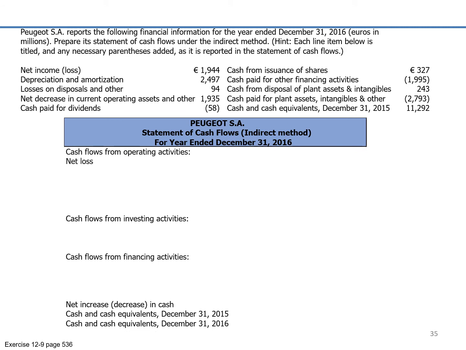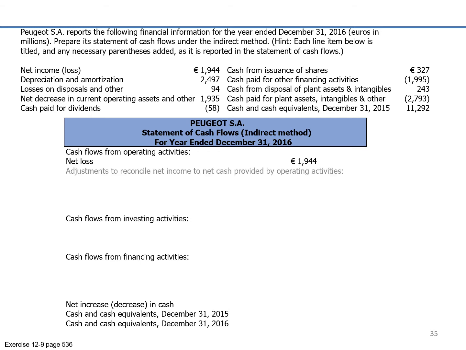There's all our pieces. So first we have a net loss. Then we have to add back any depreciation or amortization and any losses or gains, book losses or book gains on any disposal of assets or sales.